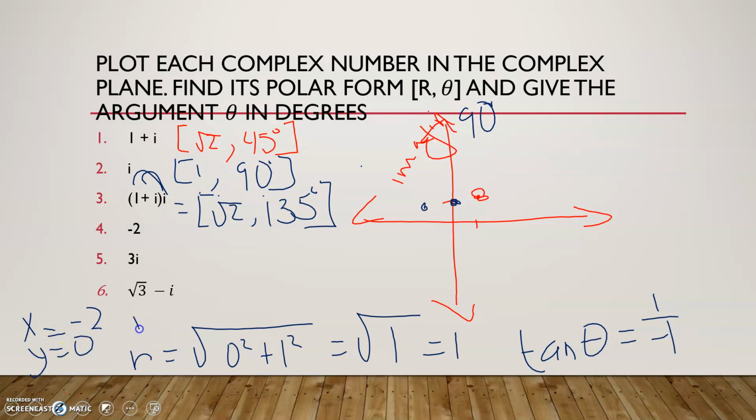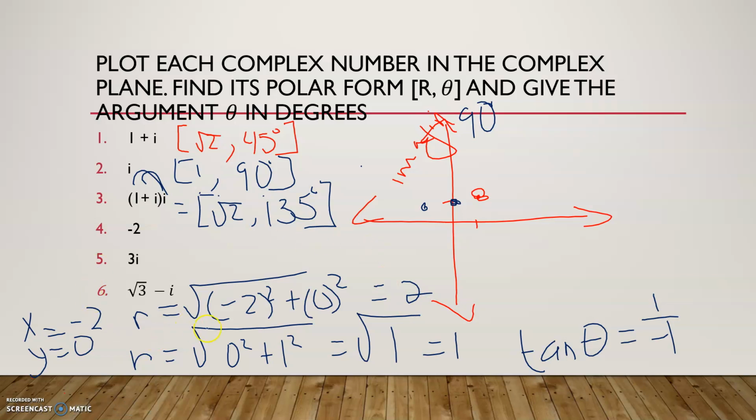So if I plug it into my r formula, I get -2 squared plus 0 squared. 2 squared is 4, and the square root of that is 2. So r is 2. And then for my tangent, I would have 0 over -2.